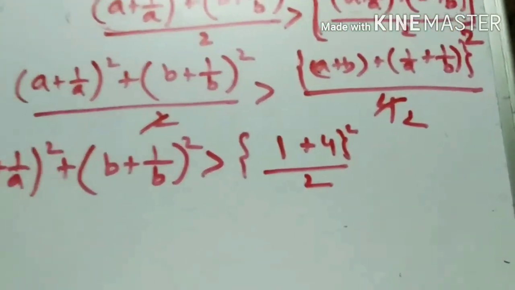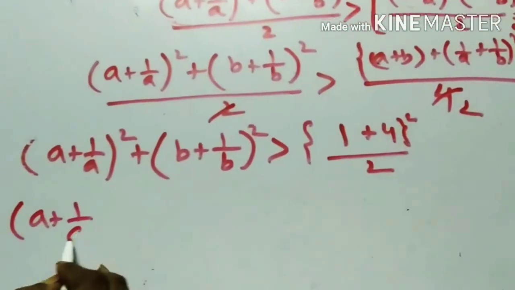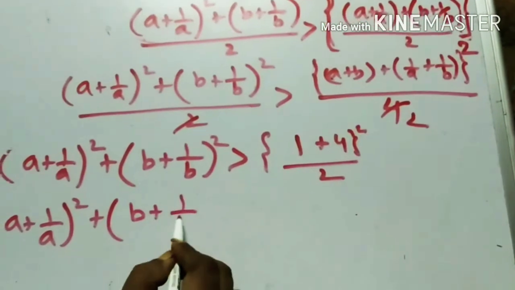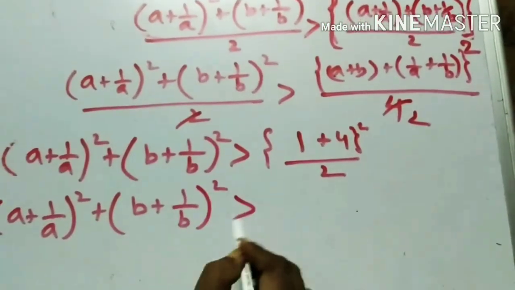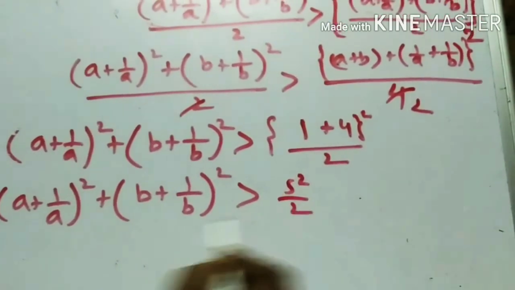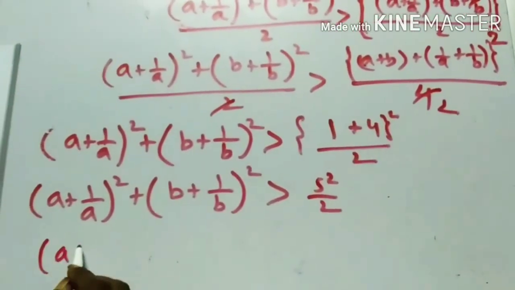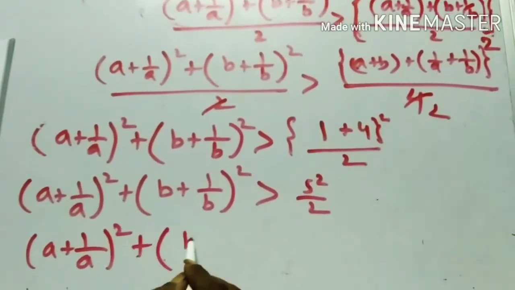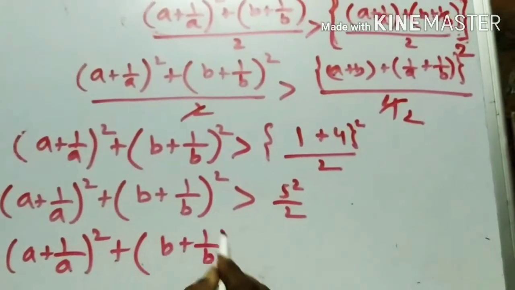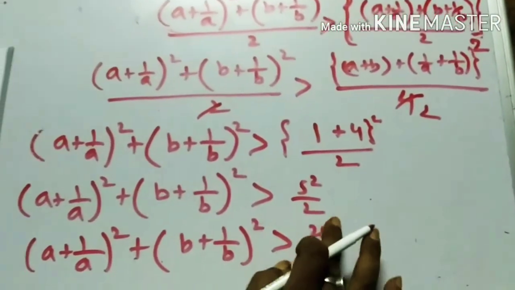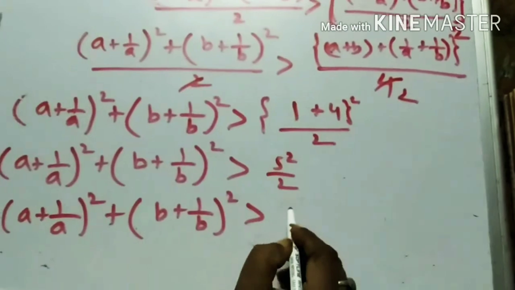So (a + 1/a)² + (b + 1/b)² is greater than 5²/2, that is 25/2.